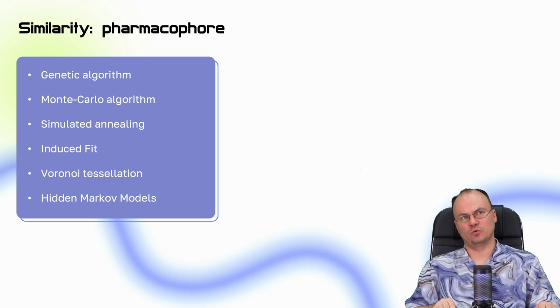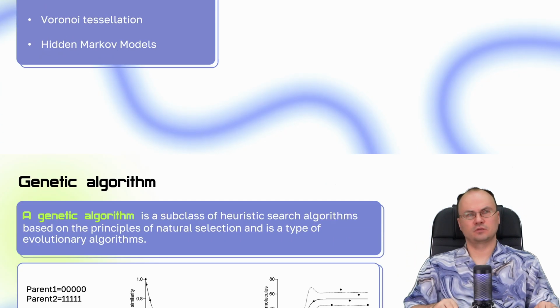First of all, we are implementing genetic algorithms, Monte Carlo techniques, simulated annealing algorithms, and some algorithms which are less common, such as induced heat algorithms, Voronoi tessellation techniques, hidden Markov models, and so on.